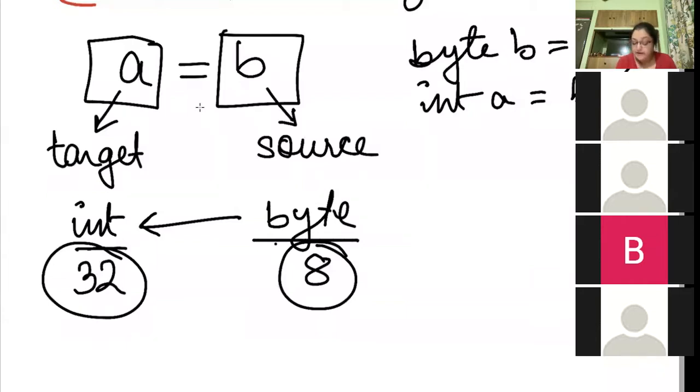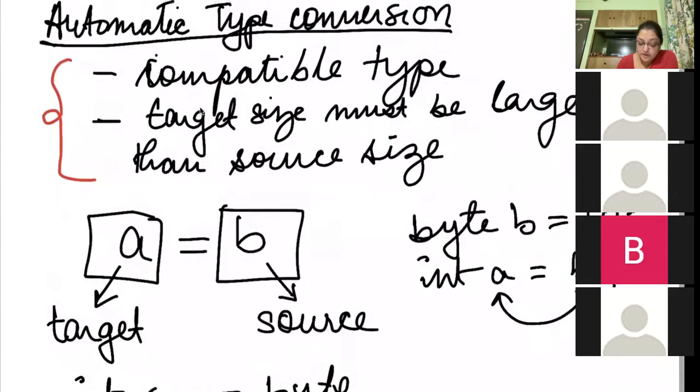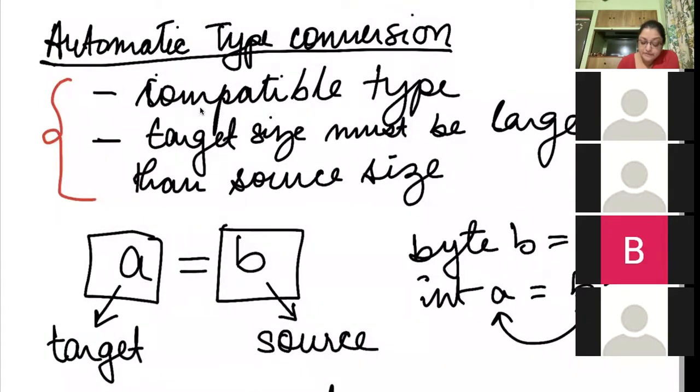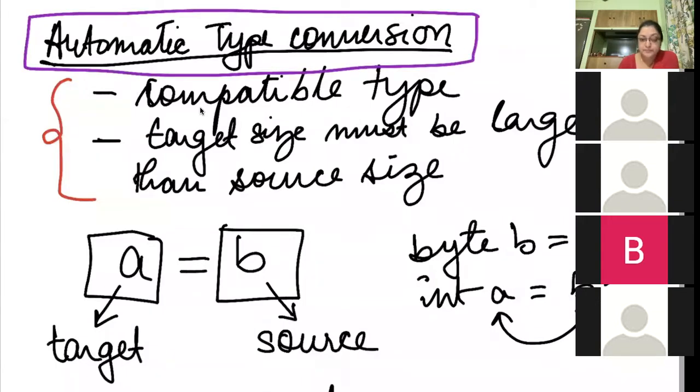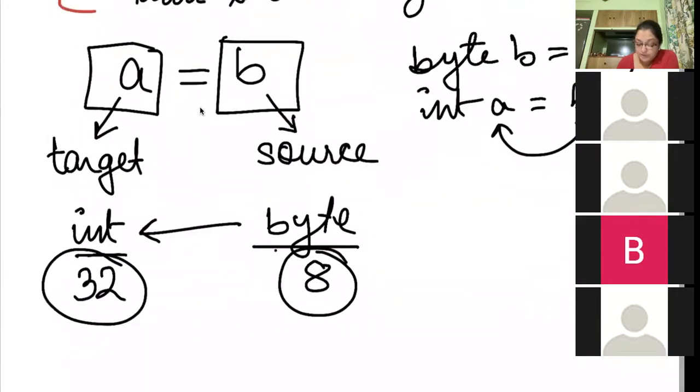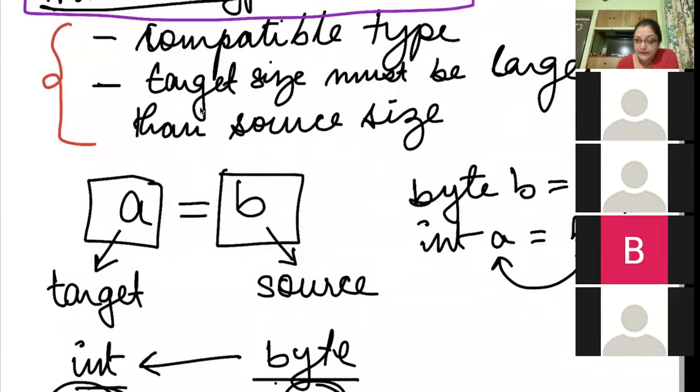We are making an assignment, so the value 10, which will go to variable A, is automatically converted into an integer type. This is your automatic type conversion. Is this clear? It needs two things: compatibility, and the size of the source must be smaller than the size of the target.